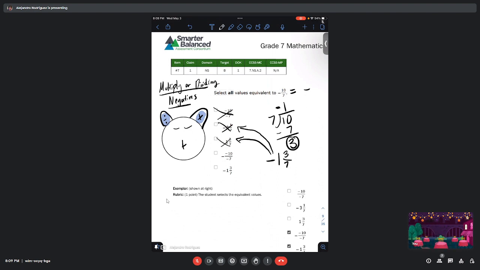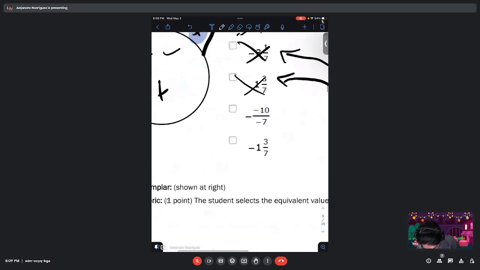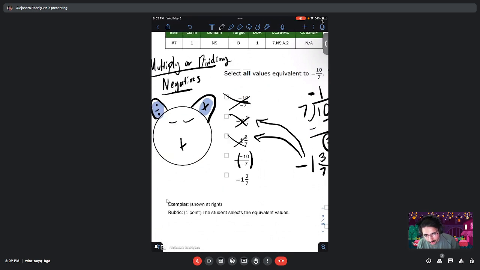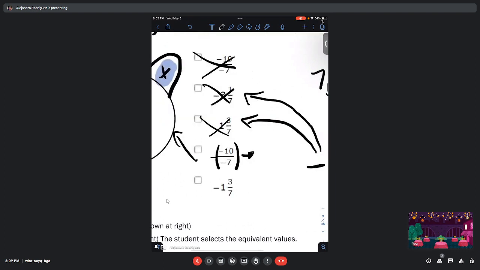For the second to last one, it looks a little tricky, but not really that hard. Let's start off by just doing the fraction first. So we've got 3 negatives here. So let's start off by dealing with -10 divided by -7. All right. So I'm going to use my Iron Man again. I got a negative. I got another negative. My final answer is going to be positive. So that means I'm going to keep this negative here.